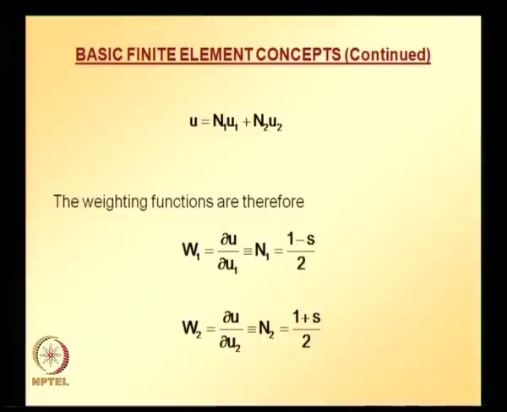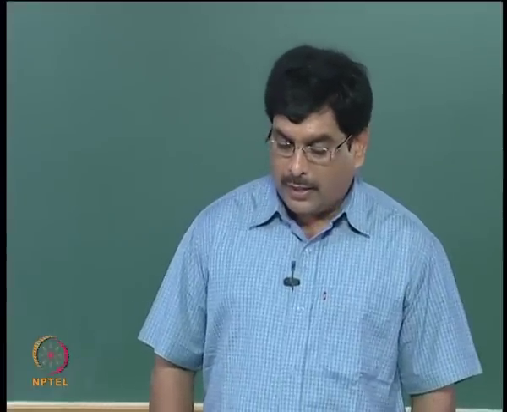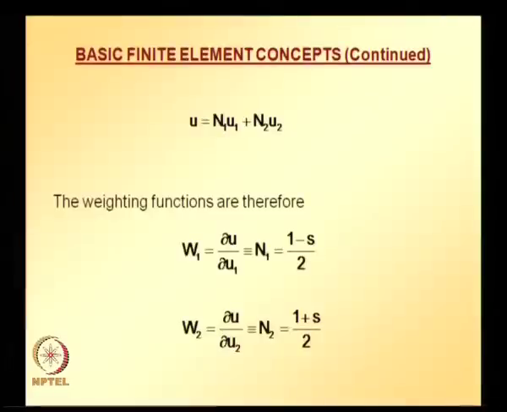In the last lecture I mentioned that the weight function in the Galerkin based finite element method is the same as the shape function, because the weight function for Galerkin based methods is defined as the partial derivative of u with respect to the unknown coefficient. So, it is the partial derivative of u with respect to a1 earlier.